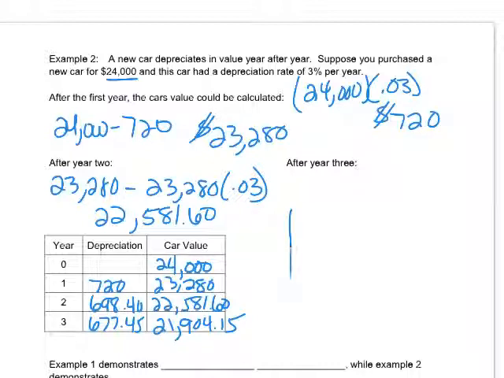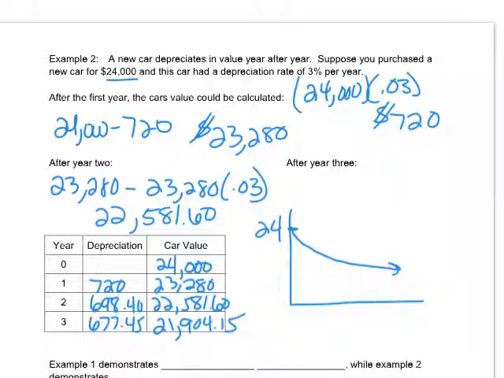So if I were to roughly sketch this, I would start at 24,000. And this time, my car is going to depreciate kind of like that. It's going to decrease, and then eventually it's going to kind of level out, because it's never going to depreciate all the way down to 0. And each time you calculate it, because your original value is decreasing, the amount you're taking off is getting smaller as opposed to getting larger.